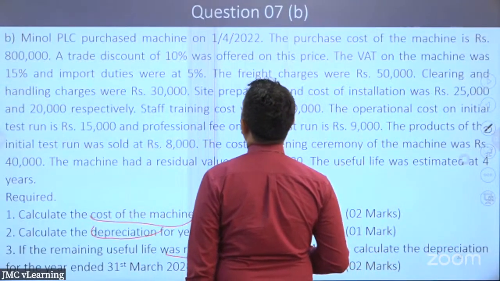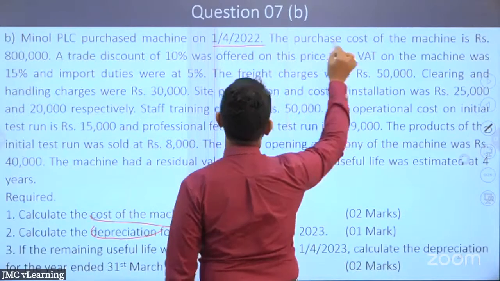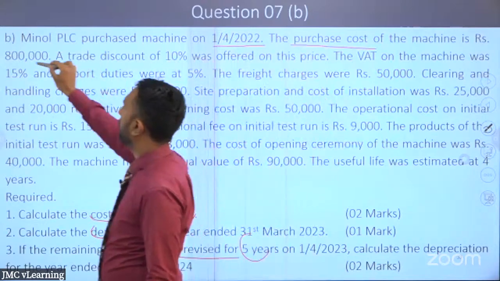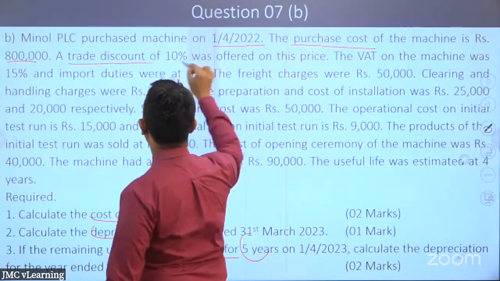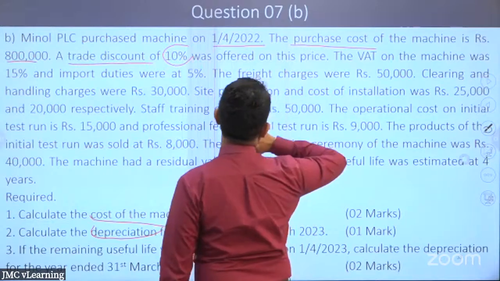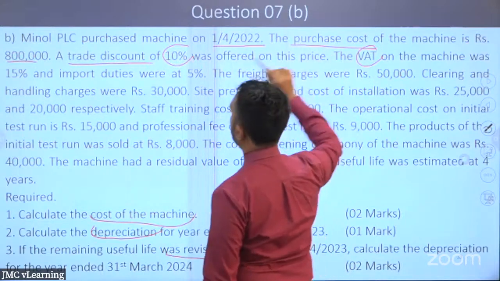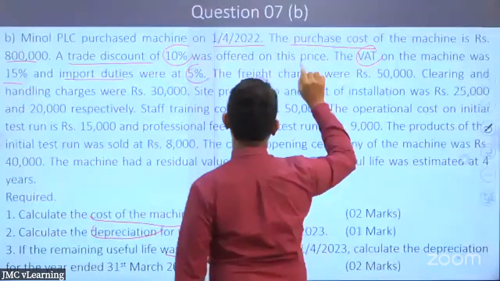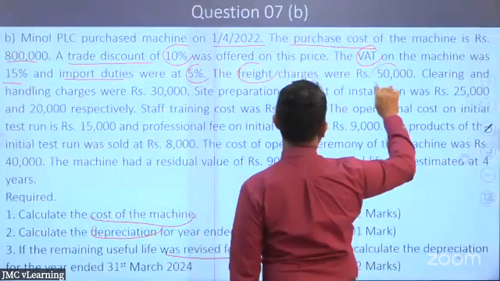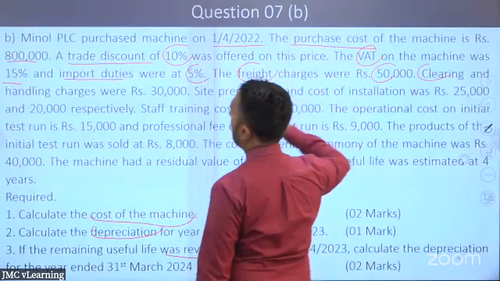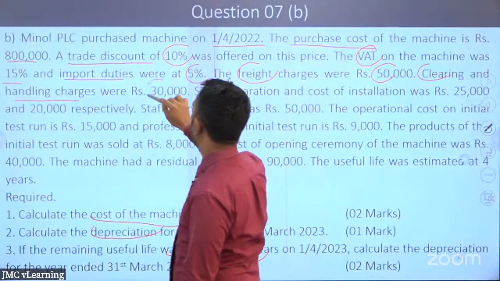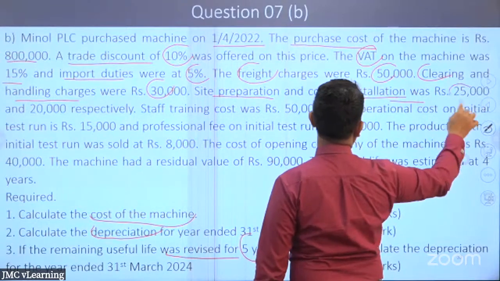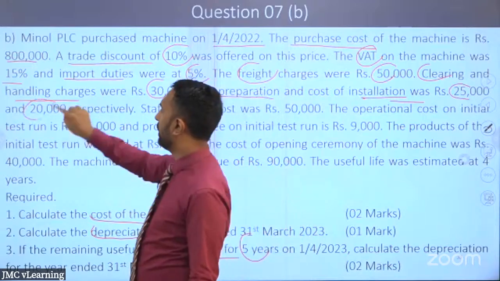Minol PLC purchased a machine on 1st of April. The purchase cost of the machine is 800,000. Trade discount 10% was offered. VAT 15%. Import duties 5%. Freight charges 50. Clearing and handling charges 30. Site preparation, installation 25 and 20.